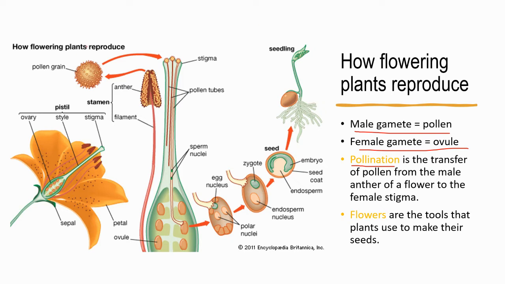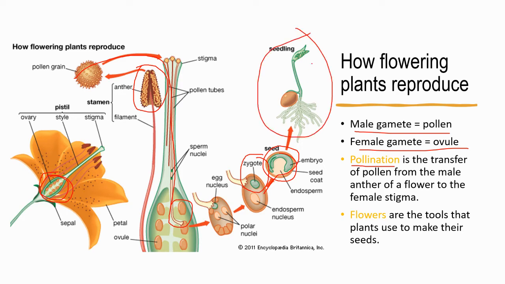Okay, so we've got the ovaries in the bottom of the flower with the female gametes, and on the pollen grains is the male part on the anther, and so the pollen comes down here and fertilizes the egg cells and then forms a zygote here, and that grows into an embryo. It's a baby plant in a seed, and then the seed can grow into a seedling and then into an adult plant.